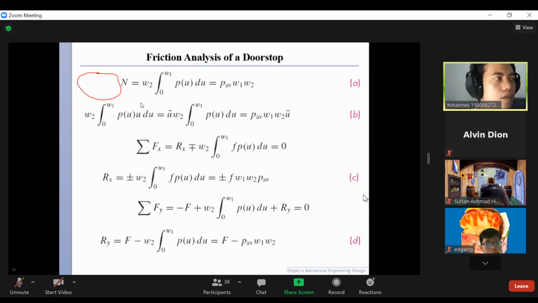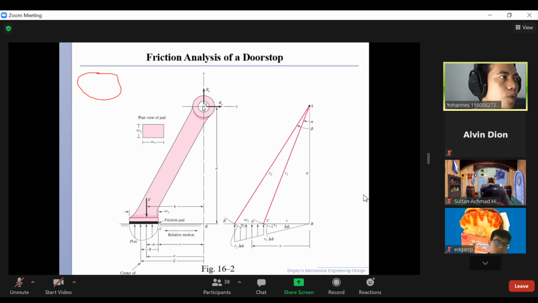Okay, so this is the point A. We evaluate the sigma moment at point A. Here we found that this is the pedal force given by the user, and this is the normal force generated by the pressure of the friction pad to the ground. And here we also have the friction force. Then we analyze the moment at point A generated by this friction force, this pedal force and the normal force.